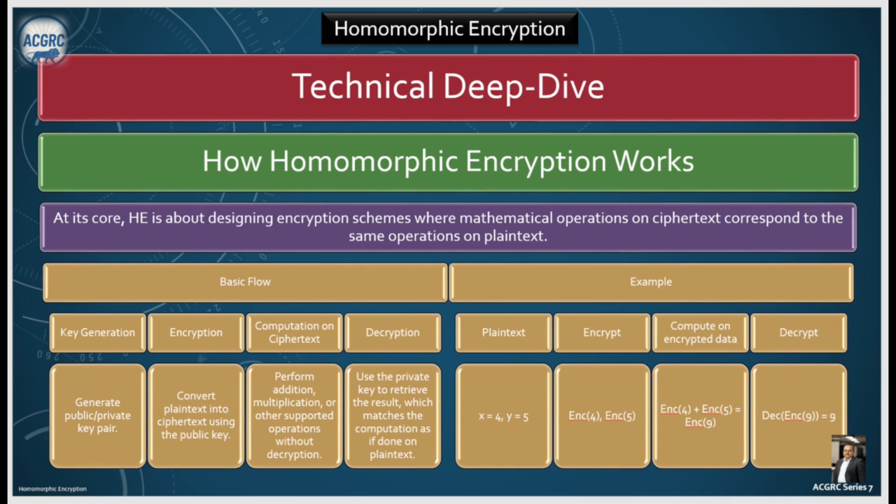Example, plaintext x is equal to 4 and y is 5. When you encrypt, it becomes encrypted 4 and encrypted 5. When you compute, say addition, 4 plus 5 encrypted would give you a value of encrypted 9, which is very similar to what you would get if you had not done an encryption. The only thing is, if you had not done it, everyone would know what the original values are.